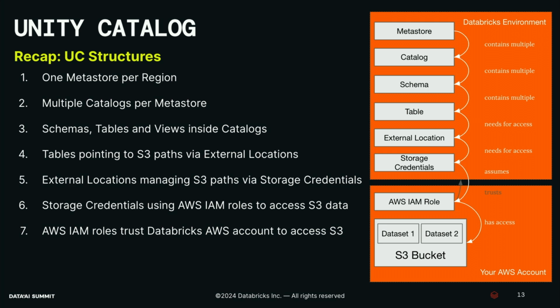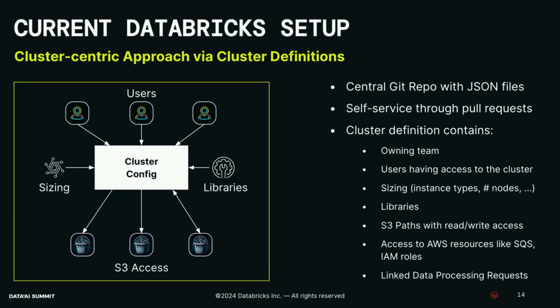So we need to somehow find a model that fits into this structure. Where we are coming from, currently we have a super cluster-centric approach. So we have these cluster configs or cluster definitions, you could say, and the cluster config contains everything that is important for the cluster.